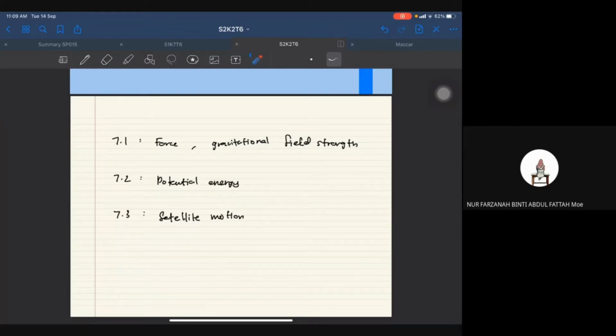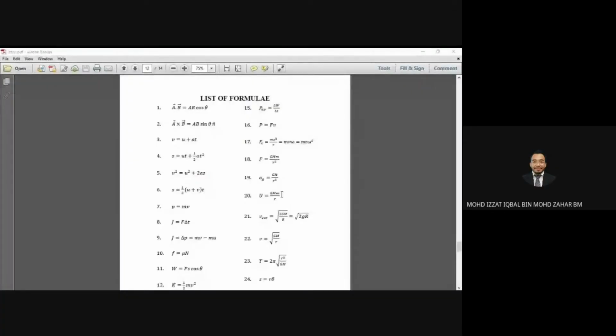Present. Okay, can you guys see this, what I'm showing over here? Boleh nampak tak list of formula tu? Nampak sir. Okay, nampak ya?